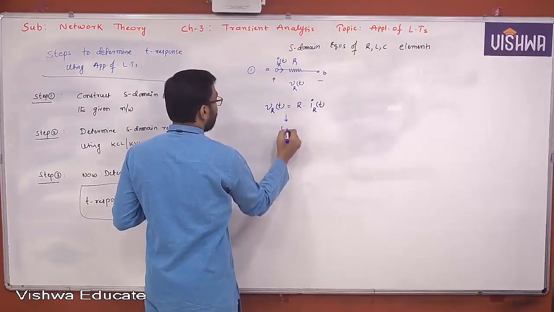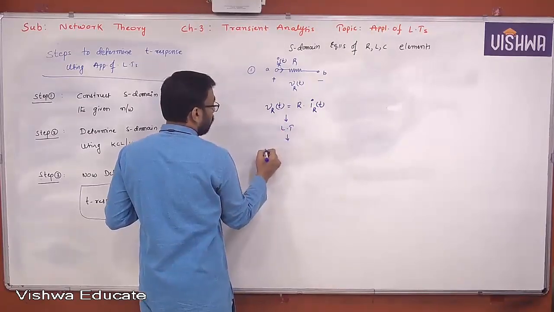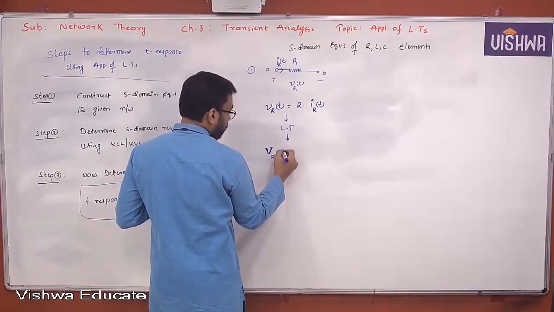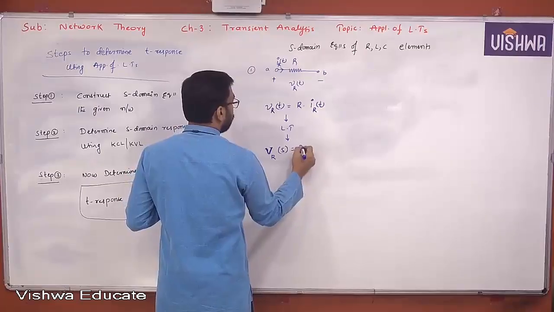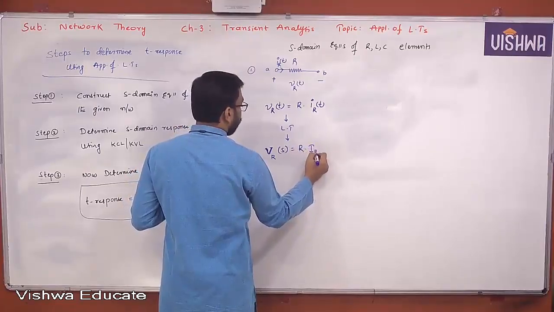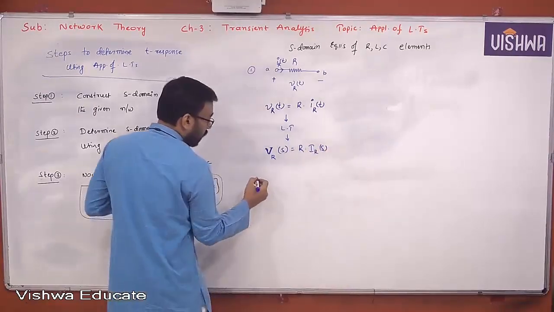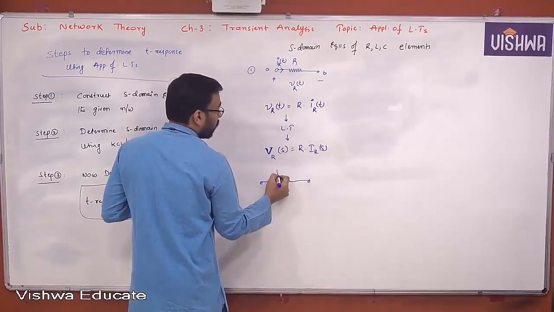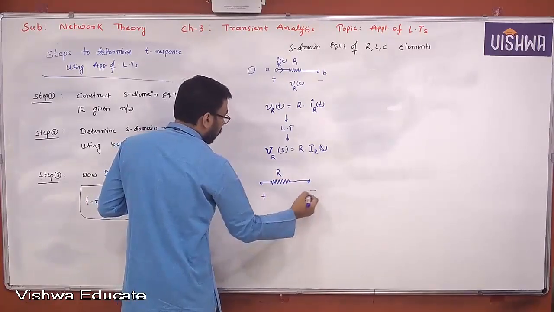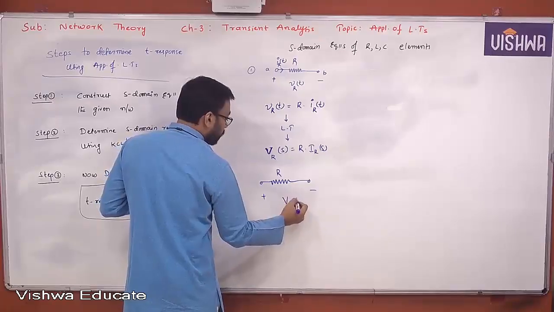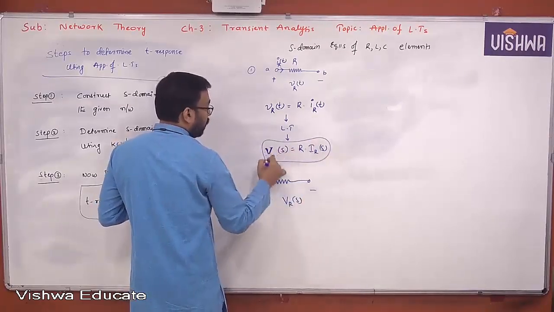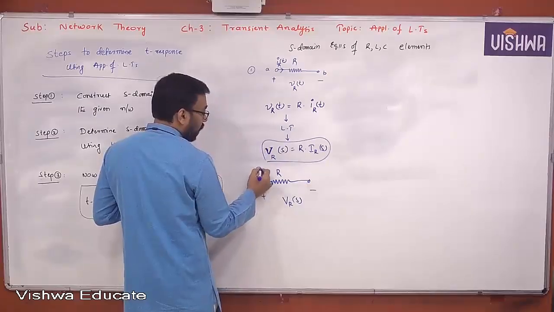If you apply Laplace transformation to it, you get, usually S-domain in capital letters and time domain in lowercase letters, VR of S equal to capital R into IR of S. That is why the S-domain equivalent of a resistor also remains a resistor only. Based on this equation, I am constructing the equivalent here, with VR of S and IR of S.